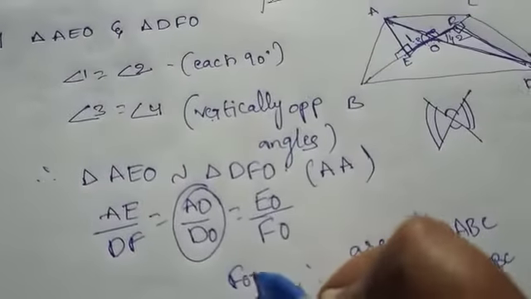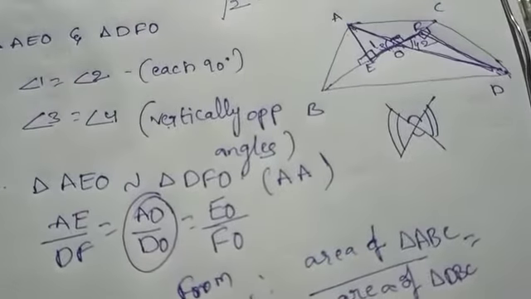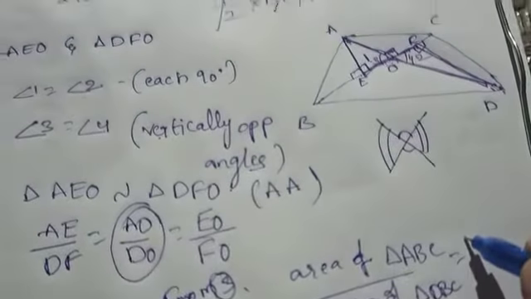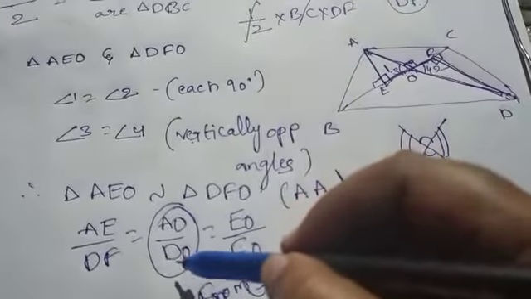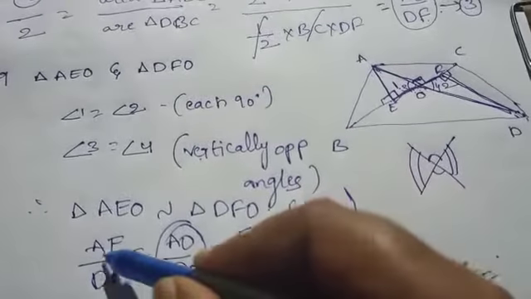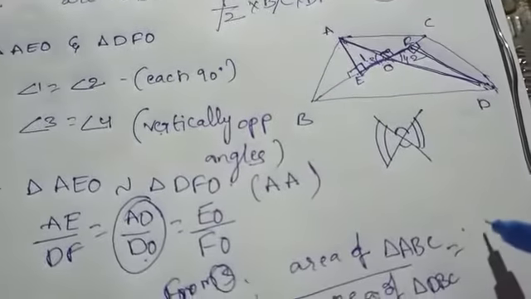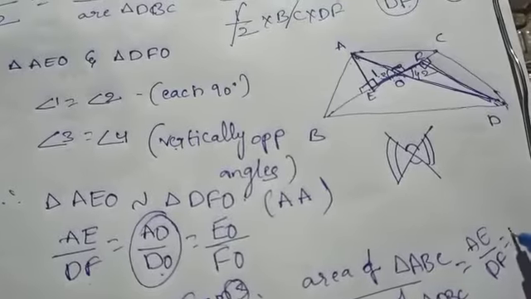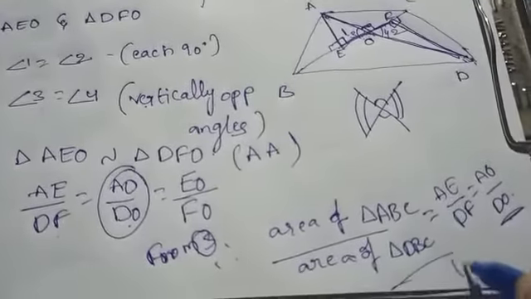From equation 3, AE by DF we write AO by DO. Here AE by DF equal to AO by DO. Hence proved.